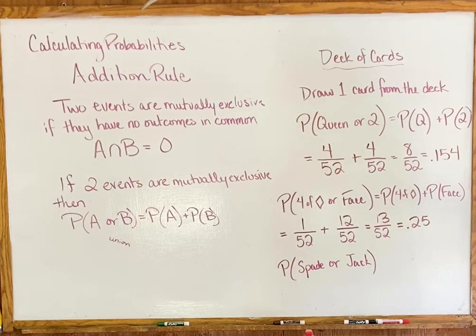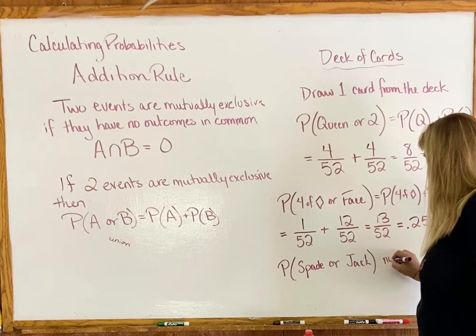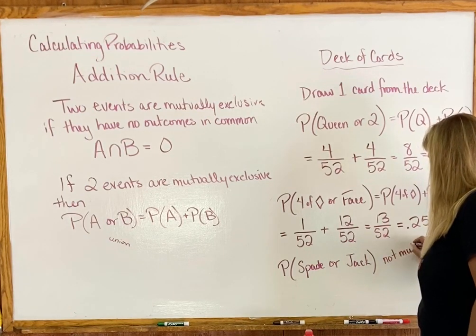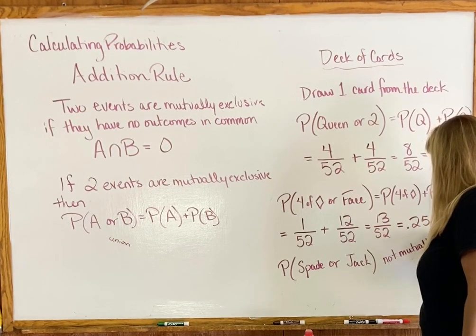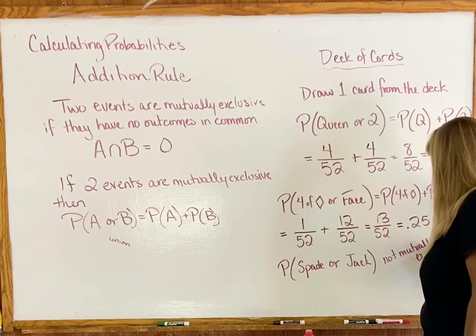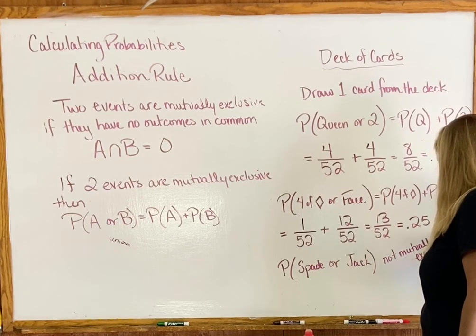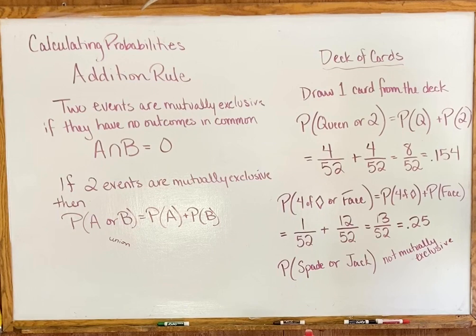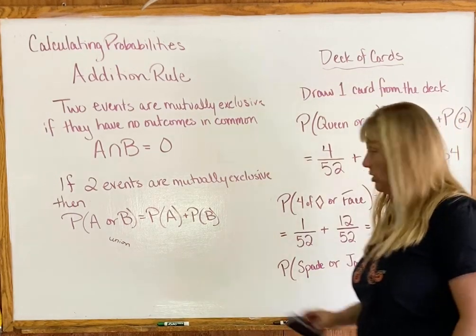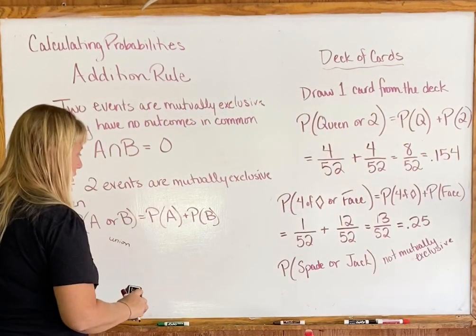Now, is there a jack of spades? Okay, there is, isn't there? So this is not mutually exclusive, which means there is most definitely an overlap, which means our rule that we have written up there no longer works, does it? So we've got to do a little bit of manipulation on our rule, okay?